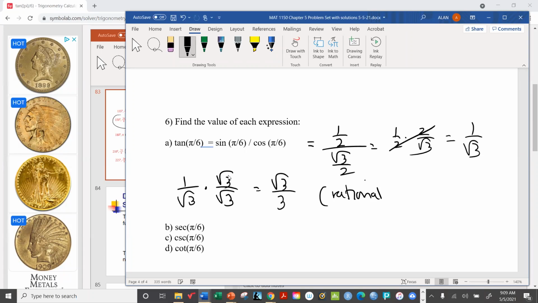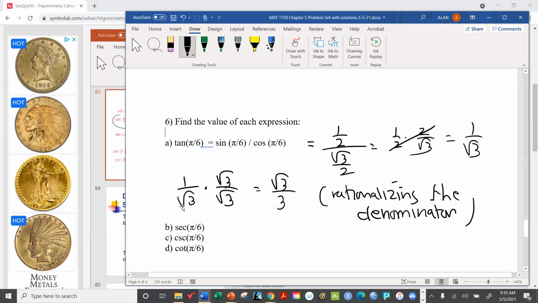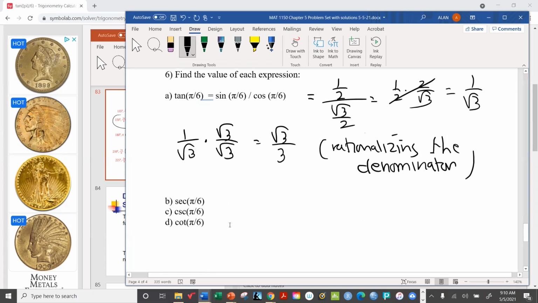We're doing a procedure called rationalizing the denominator, because it's just standard math practice to not have a square root of any kind in the denominator. I don't know why. It's just the way it's done. But anyway, for these other ones, you could in principle do the same thing. For example, the secant, as you recall, is the inverse of the cosine.